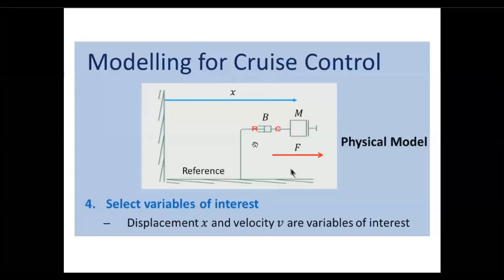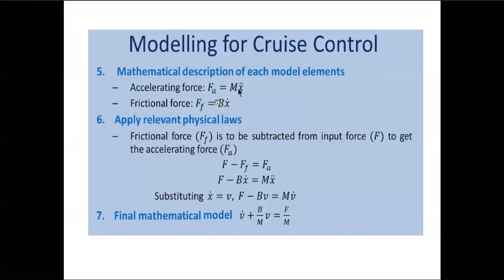Now let us come back to our earlier discussion. Here I have mass and here I have friction, and if you write the equations, the first force, due to acceleration, is m into d square x by dt square. The second one is the frictional force, B into dx by dt.